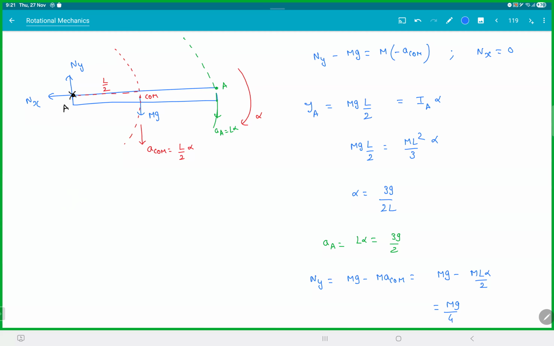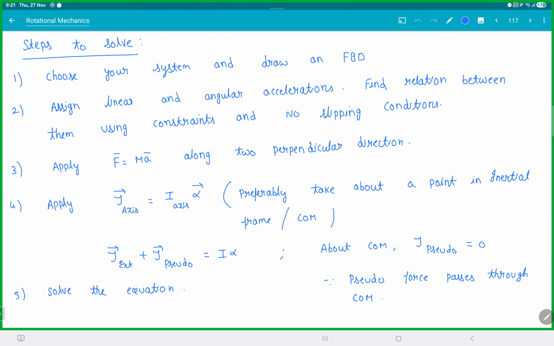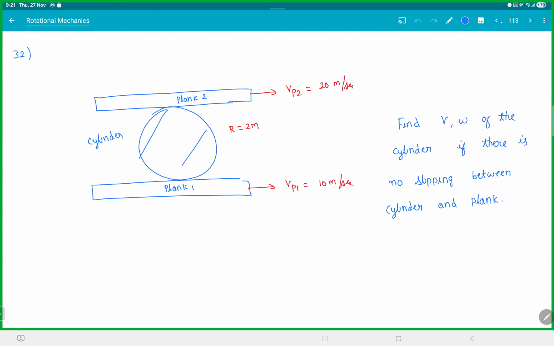Dvai, bolo na. Sir, in that second step, how did you equate that ml square by 3 alpha? Where did you get that exactly? You're asking how did you get I is ml square by 3? Yeah, great question. You didn't bother to revise the notes, right?